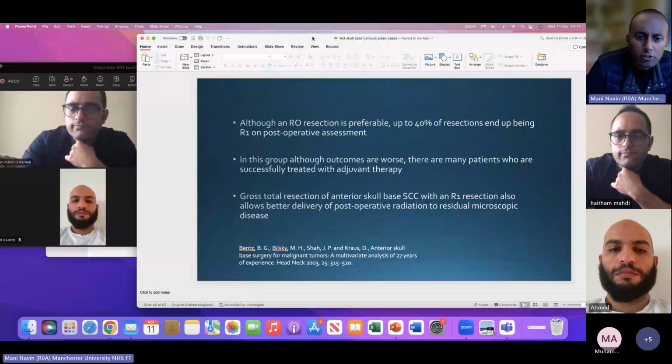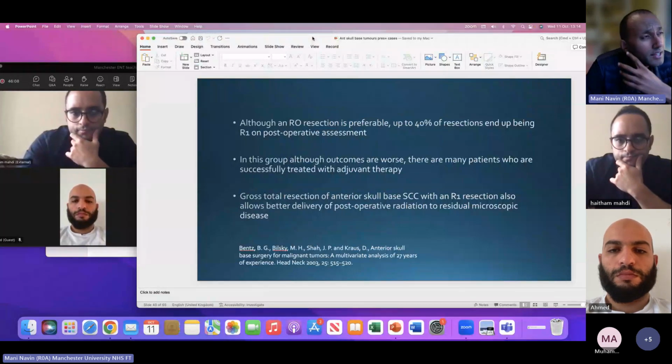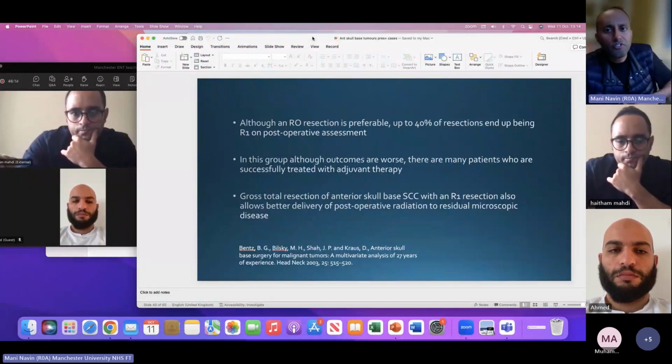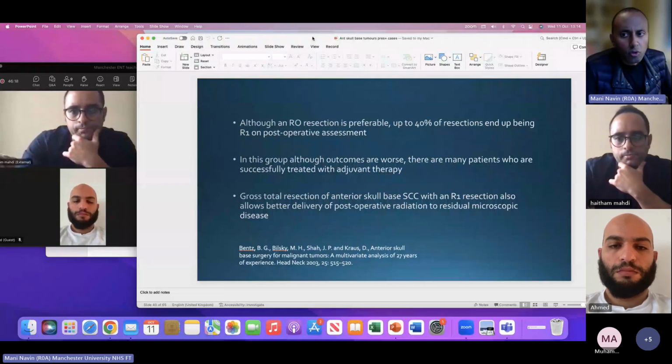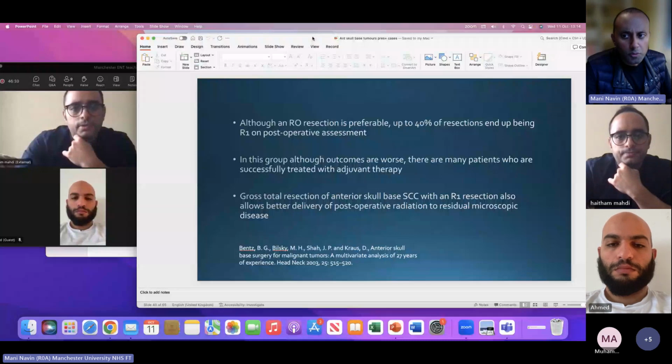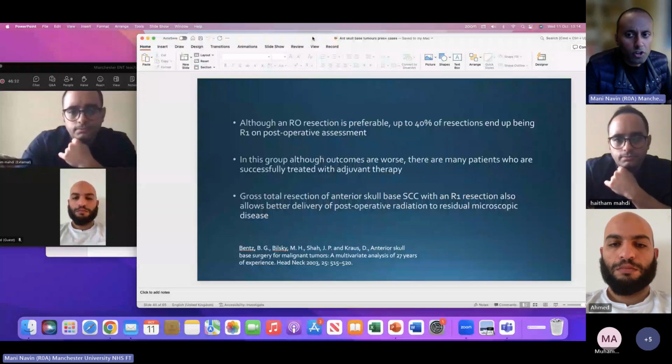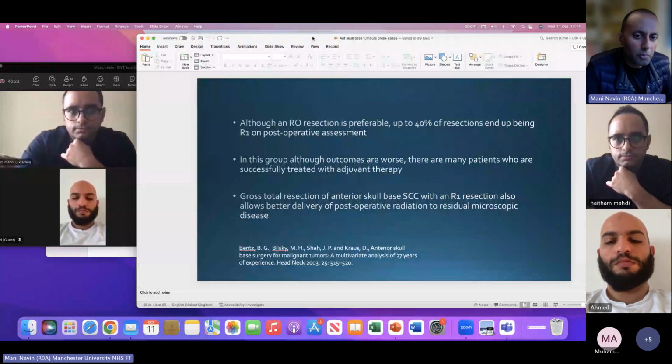Even if you achieve a macroscopic tumor resection with microscopic tumor still present at the margins, these patients can still have radiotherapy or chemoradiotherapy. Although outcomes are worse than an R0 resection, many patients are successfully treated. So it's still better to resect a tumor with an R1 resection than not do it at all, because if you're not resecting, the outcomes are basically palliative at that point.